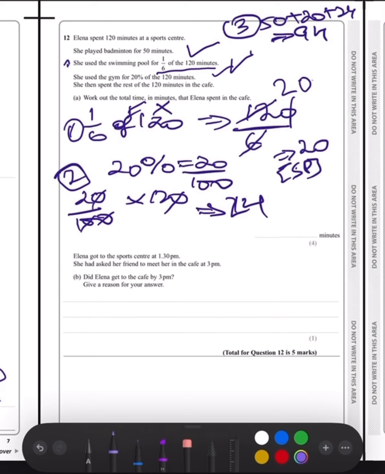Right? So when we get an answer of 94, our fourth step is of course subtracting 94 from 120, which simply gives us 26, which is basically the rest of the time that she spent in the cafe.